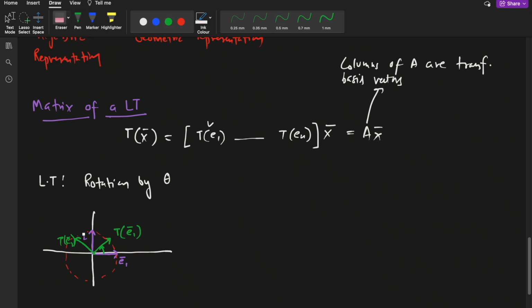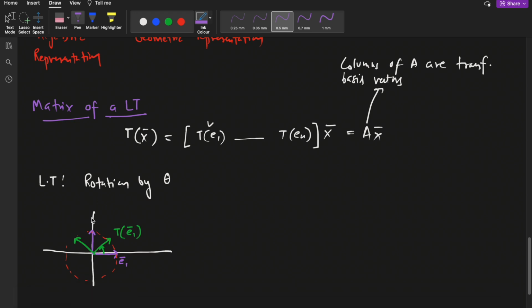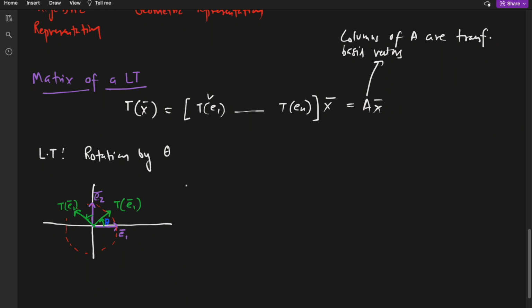Let me erase this. All right. So this was E2, by the way, and this will become T of E2 after rotation. I rotated. Okay, and what is the angle of rotation? Angle of rotation is theta. This is becoming a little clumsy right now. Sorry for that. I should have made it bigger.